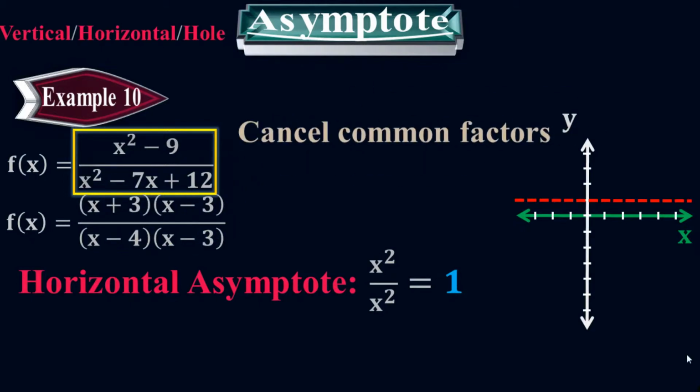What about cancelling the common factors? Do I have common factors here? Yes. I have x minus 3 in the numerator and x minus 3 in the denominator. So x minus 3 is common here. Just cancel x minus 3 with the x minus 3. When I cancel, I am left with only (x plus 3) over (x minus 4). This is going to be the remaining equation.